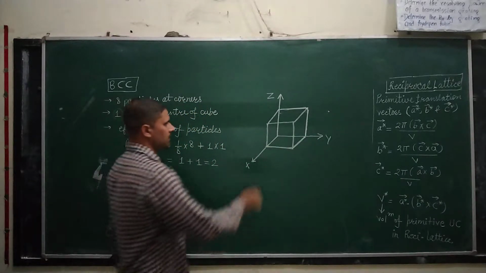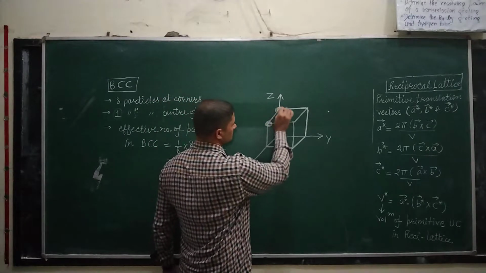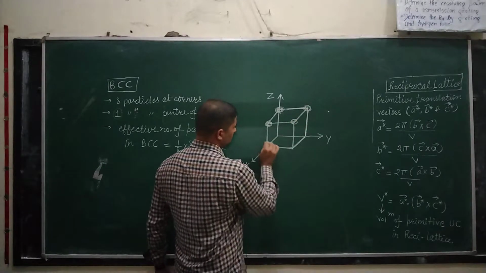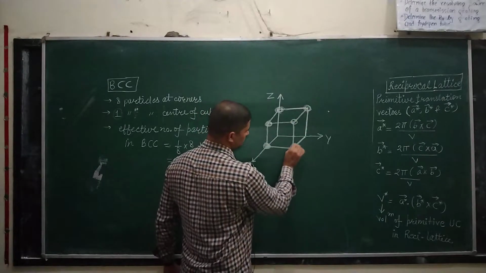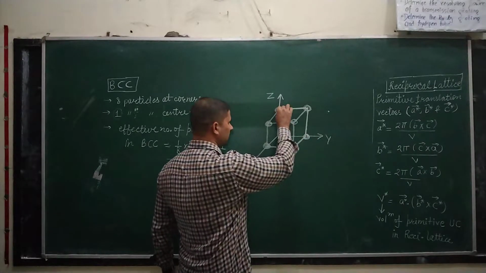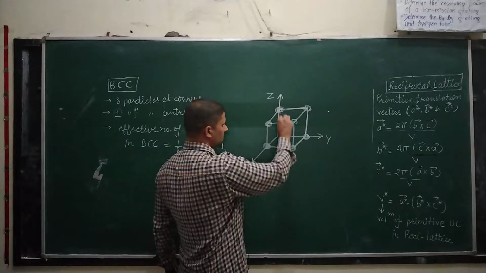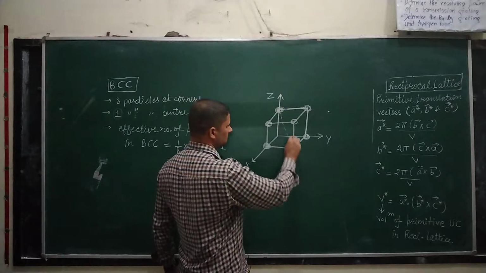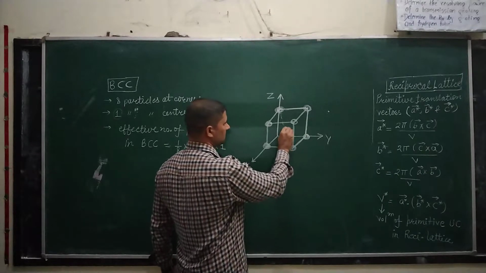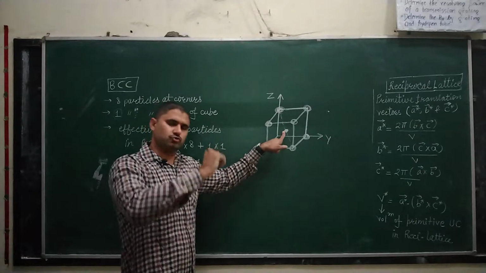Okay, and the particles are present at the corner, and one particle is present at the middle of the body diagonal. So if this is a corner, this is another corner, then this is the body diagonal, and here is the particle which is present in the middle of the body of the cube.